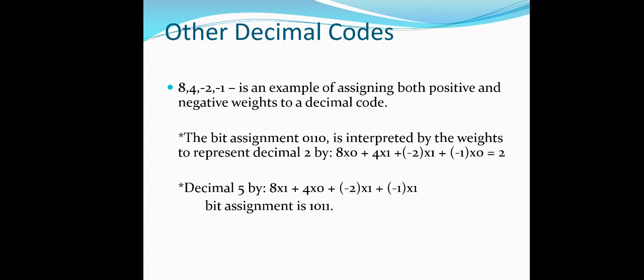Next code is your 84, -2, -1. This is an example of assigning both positive and negative weights to a decimal code. For this example, if you have your 0110, that will serve as your 6, right?